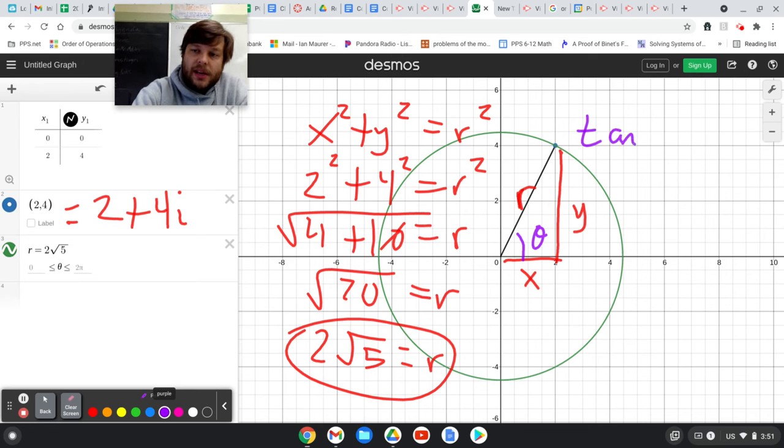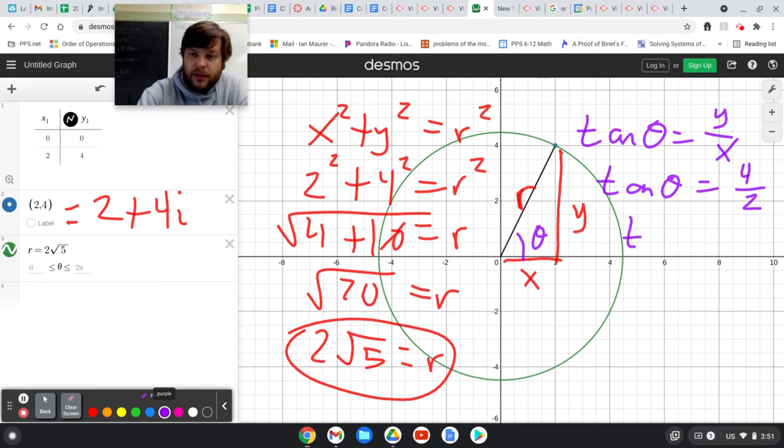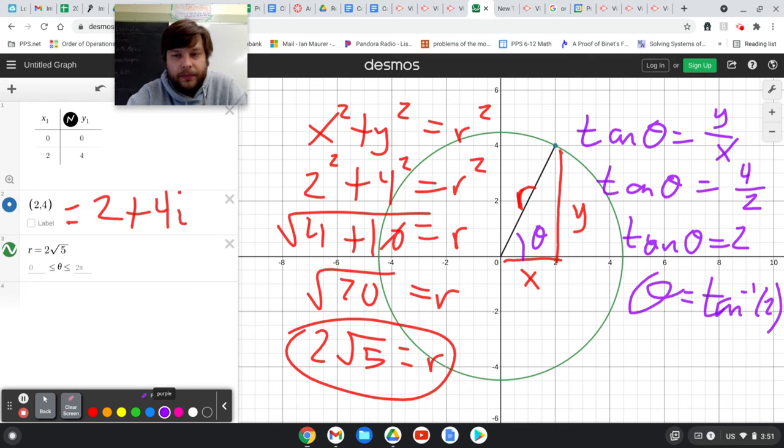So I know that the tangent of theta is y divided by x. It's the imaginary part divided by the real part. And so in this particular example, I would say the tangent of theta is 4 divided by 2. The tangent of theta is 2. And that tells me that my angle is really the inverse tangent, or some people like to use the word arctangent, the inverse tangent of 2.